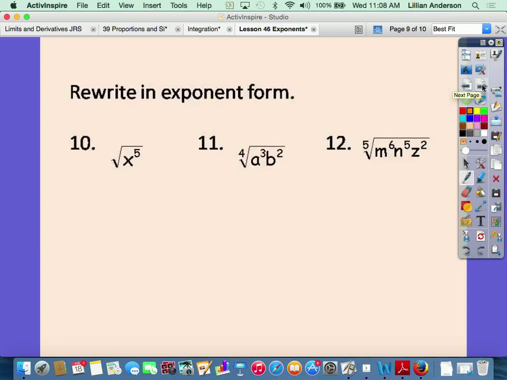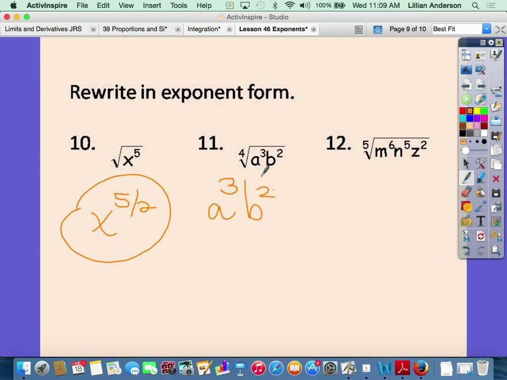Over here, to write it in exponential form, it's going to be x to the what? 5 over 2, that is a square root. So remember, the root is the denominator. Over here for 11, that's going to be a to the 3rd, b to the 2nd, all to the 1 over 4. I can simplify this some more by doing what?